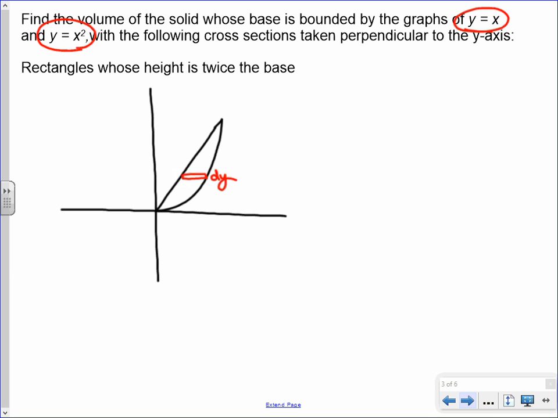So let's talk about how long each of those bases would be. Any rectangle with thickness dy that we draw in that region has a base of what length?